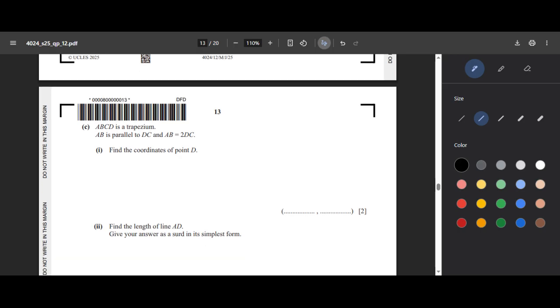Now find the coordinates of D. He has given you ABCD is a trapezium, like this, because AB is twice of DC. So this is your A, B, C and D. AB is twice of DC.